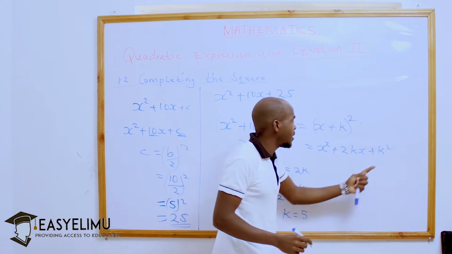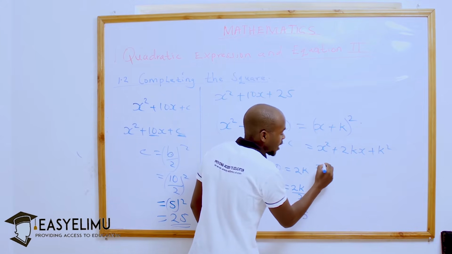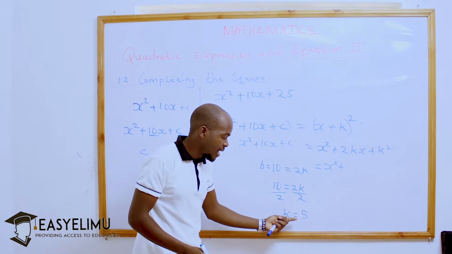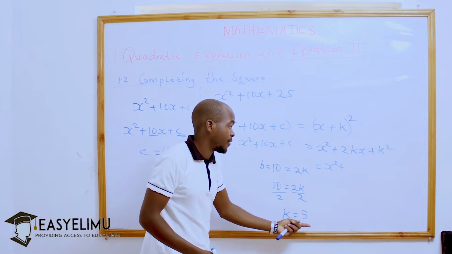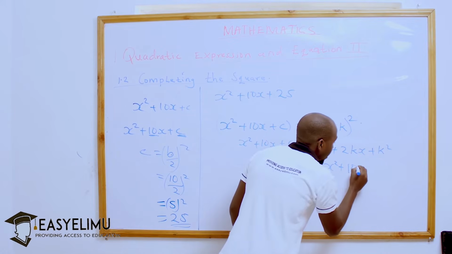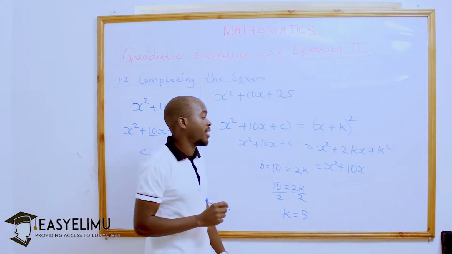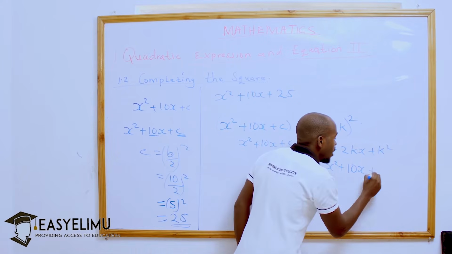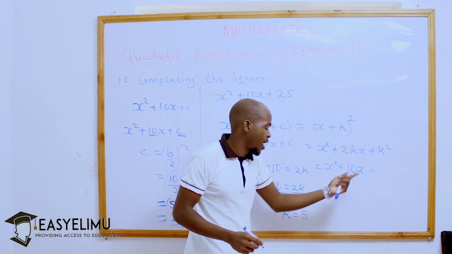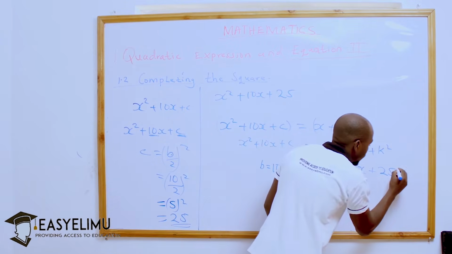If you replace that, we can rewrite this side as x squared plus 2 multiplied by k, and k is 5, so 2 multiplied by 5 gives 10, times x, and then plus k squared, and k squared is going to give us 25.